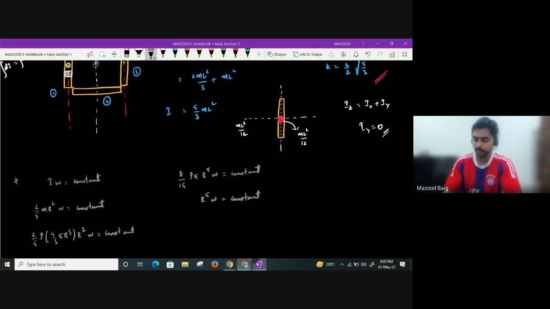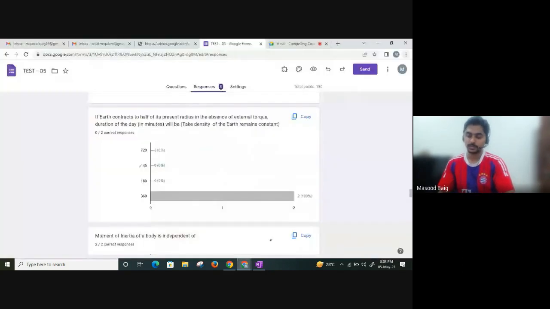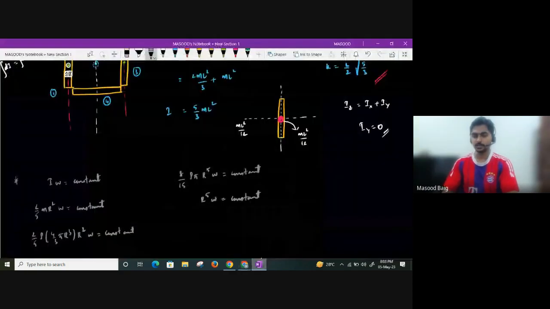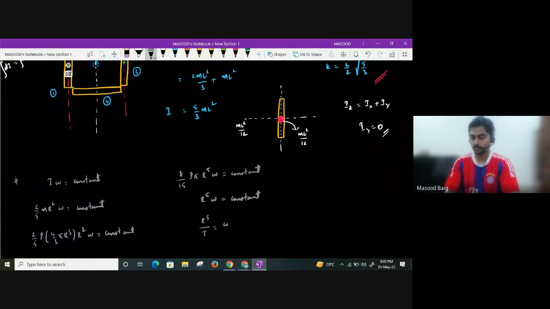So what is happening to radius here? Radius is contracting to half of its present value. So what is going to happen to the duration of day they are asking? Omega is nothing but 2 pi by T. So I can write r power 5 divided by T will remain constant, or r power 5 will be proportional to T. So T2 divided by T1 can be written as r2 power 5 divided by r1 power 5, which I can write as r2 by r1 whole power 5.